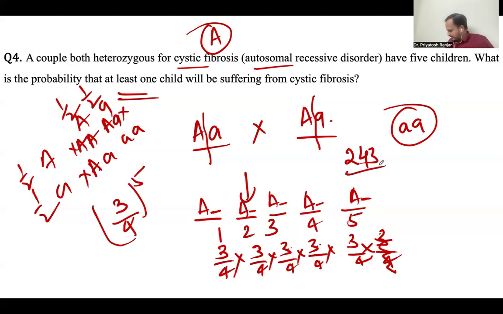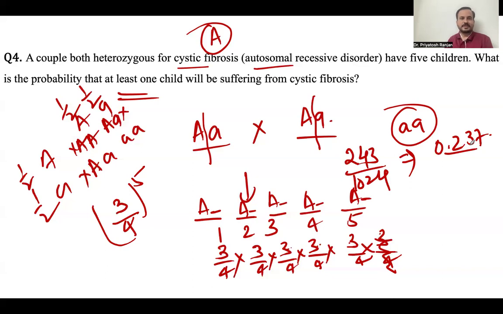Let me use my calculator. So this is 243 divided by 1024, and the value you will get is 0.237.